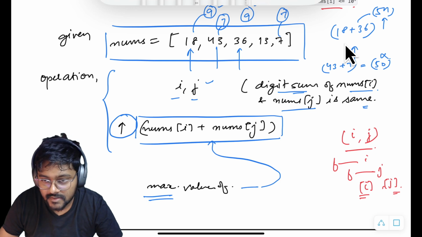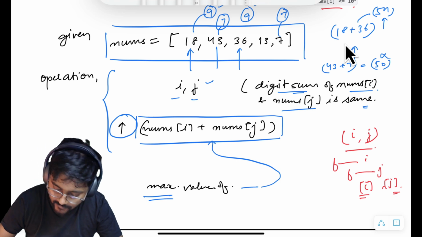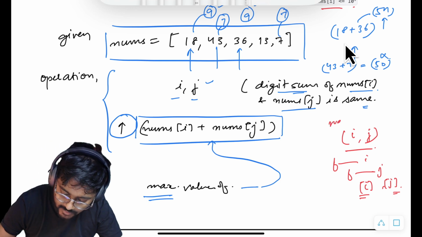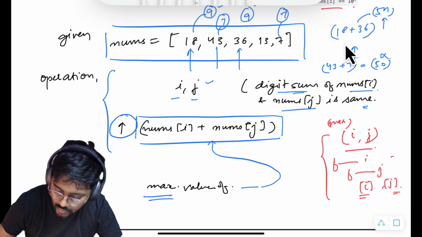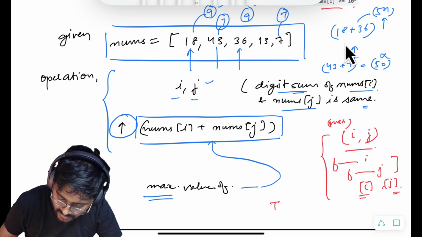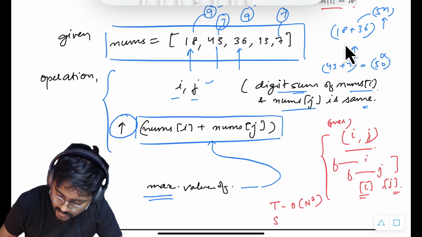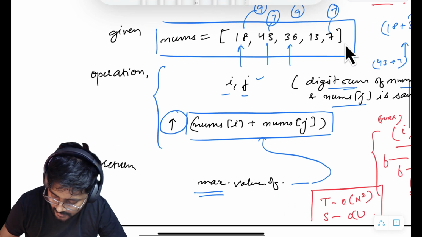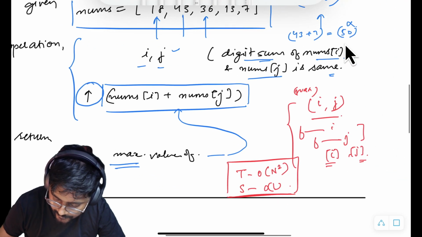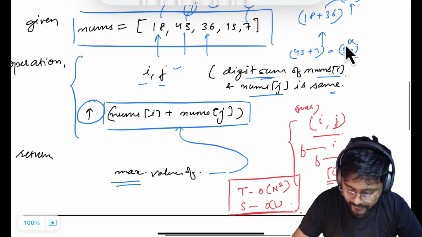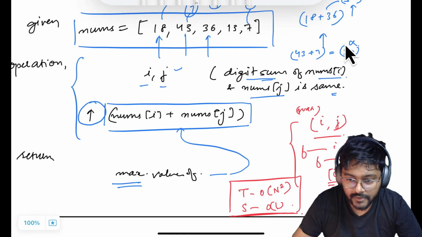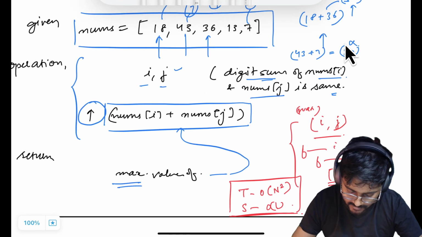If that is the case, I'll capture the maximum value, and for the maximum I can take a global variable. If we follow this approach using two loops, then time complexity will definitely be order of n square, quadratic time. But let's try to see if we can do something better than this.